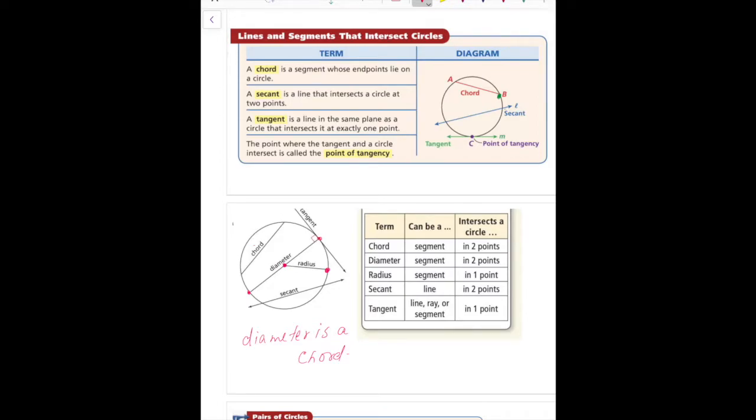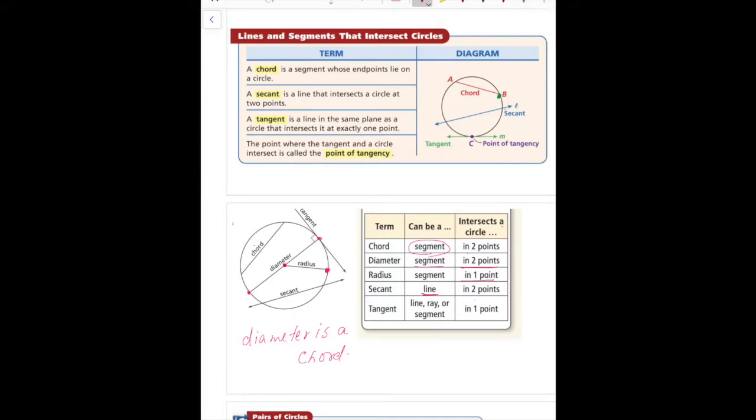Let's go over the vocabulary words one more time. A chord is a segment that intersects a circle in 2 points. A diameter is a segment that intersects the circle in 2 points. And a radius is a segment that intersects the circle in 1 point.